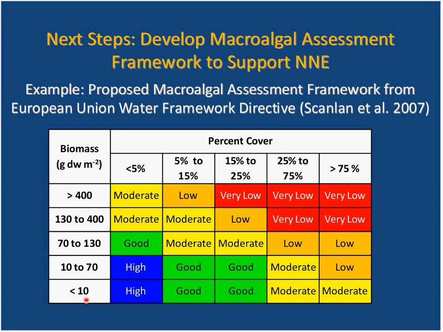And so what we're considering, and we would be interested in feedback as we go along, is essentially trying to modify this framework and using our information on thresholds to think about how you would adapt it to work for California estuaries.